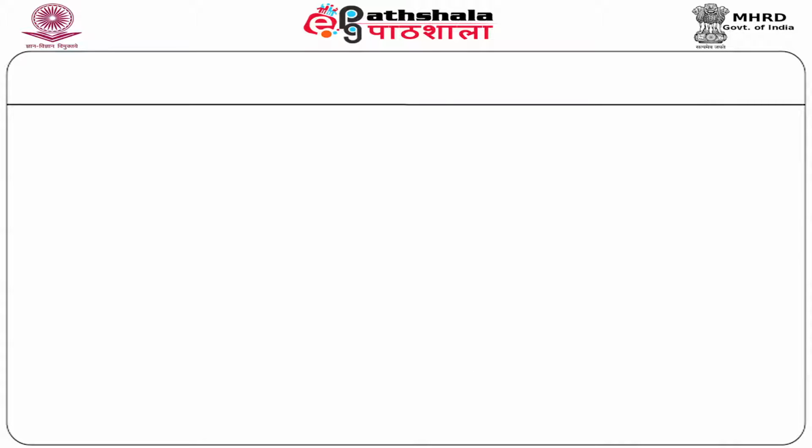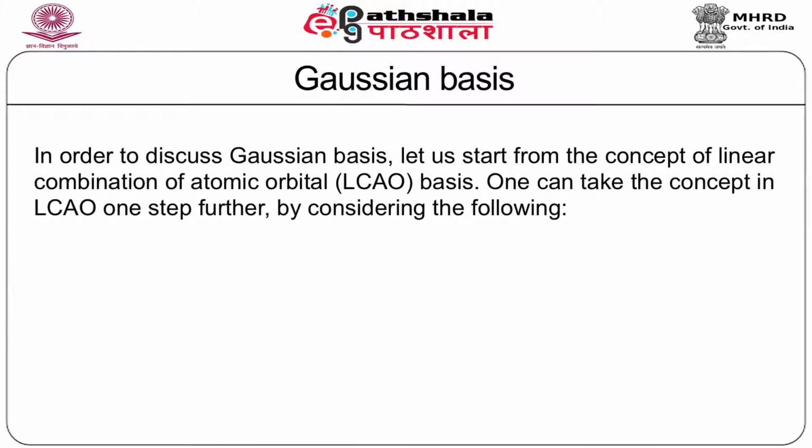Let us now move on to the discussion of Gaussian basis. In order to discuss Gaussian basis, let us start from the concept of linear combination of atomic orbital basis, which goes with the name LCAO. One can take the concept in LCAO one step further by considering the following.